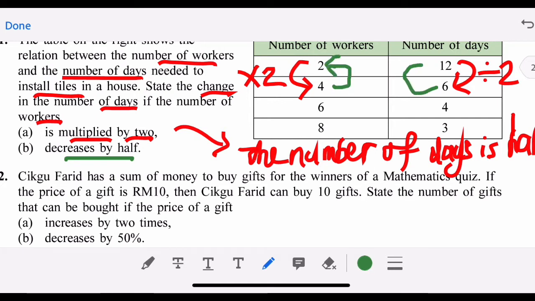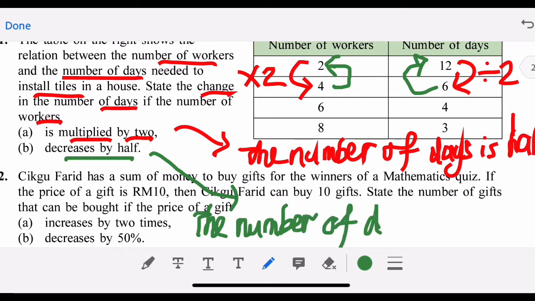So the number of days will be double, right? For this one we will say the number of days is double, right? Do you understand?